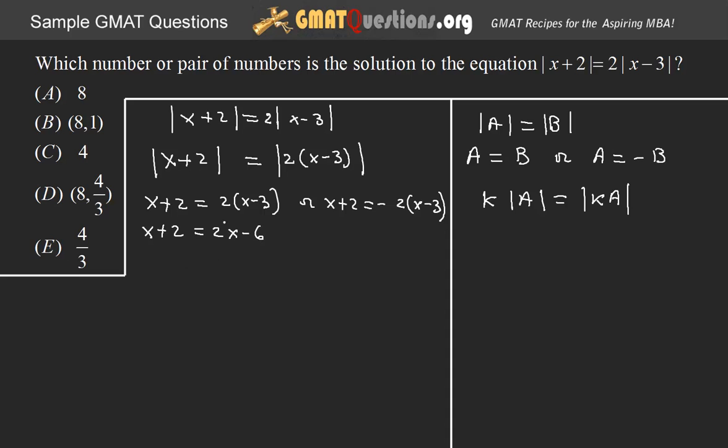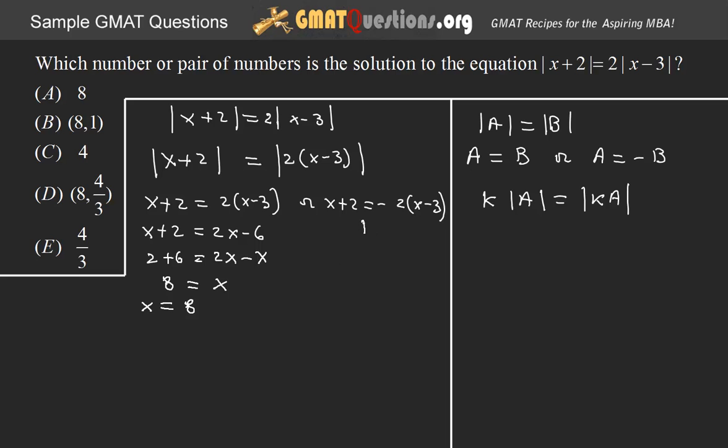Let me actually do it for some of you to follow me. I'm just bringing the negative 6 on this side, so it's going to be 2 plus 6. 2x minus x. I'm putting the x on the right side. So this is 8 is equal to x. If you want, x equals 8.